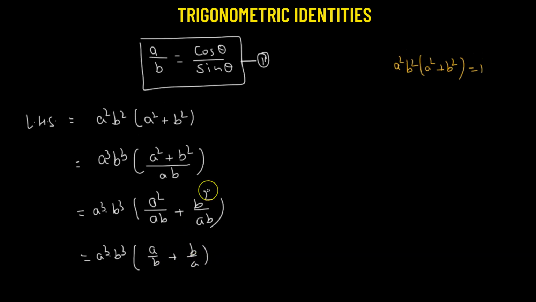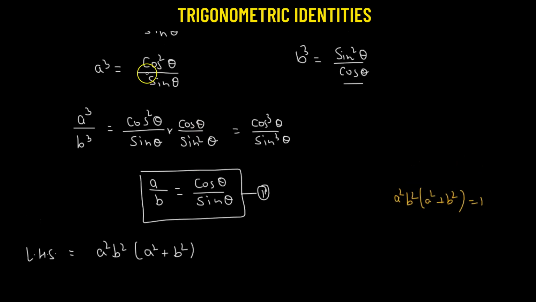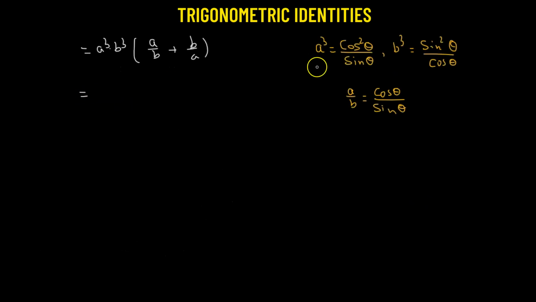Now we have the value of a cube. We have obtained that a cube is cosine squared theta over sine theta, and b cube is sine squared theta over cosine theta. Let's use these values. In place of a cube, we have cosine squared theta divided by sine theta.